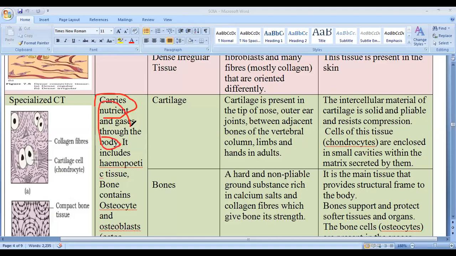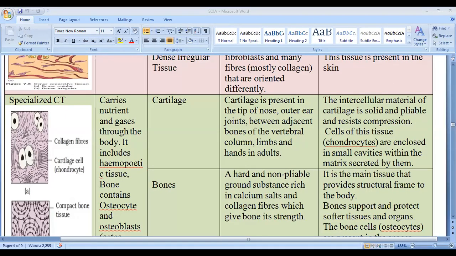It means it is involved in the transport of nutrients and gases. It also includes the hematopoiesis phenomenon, that is the formation of blood cells. Erythropoiesis, formation of RBC. Hematopoiesis, formation of the blood cells. This function is performed by the specialized connective tissue.